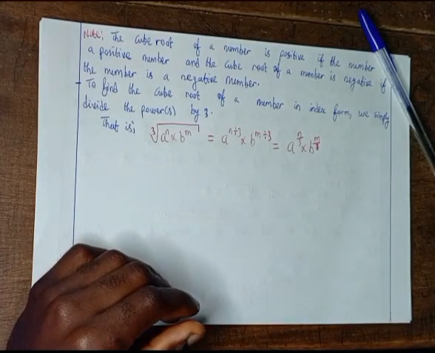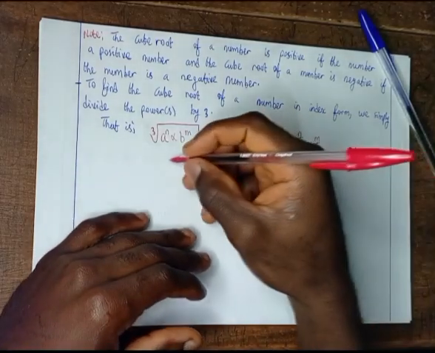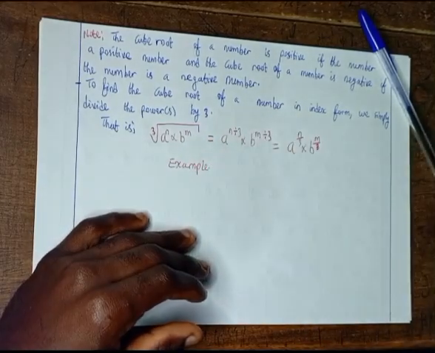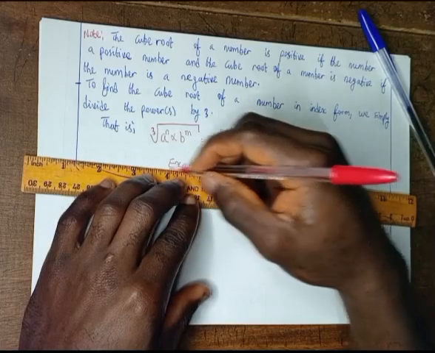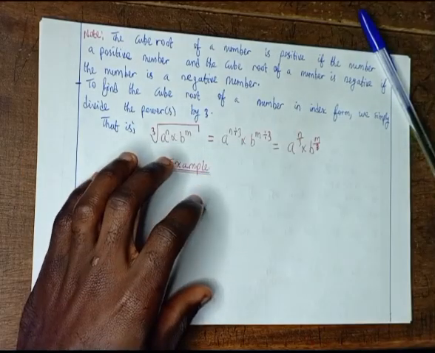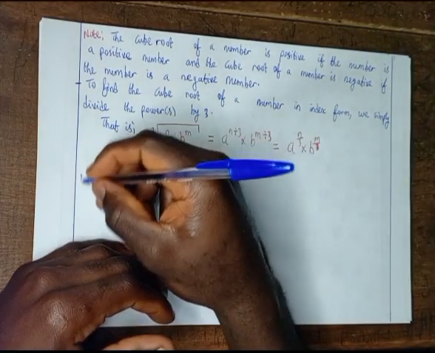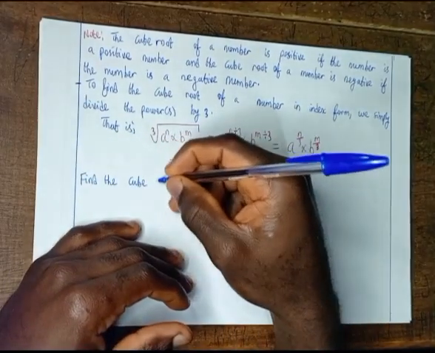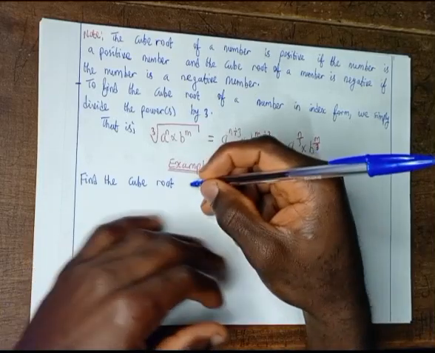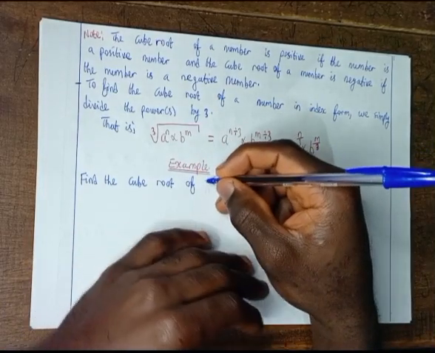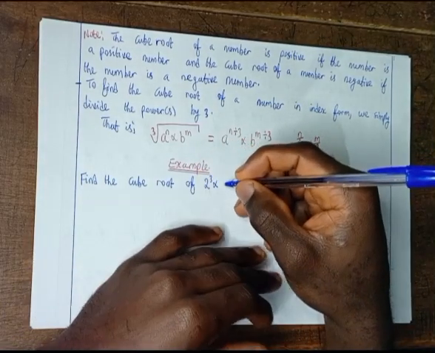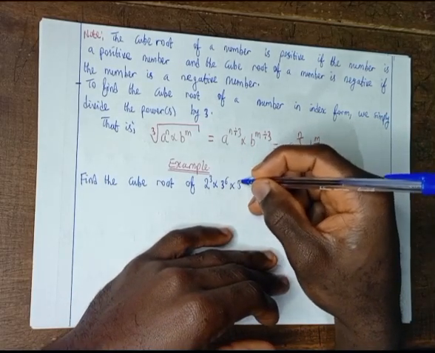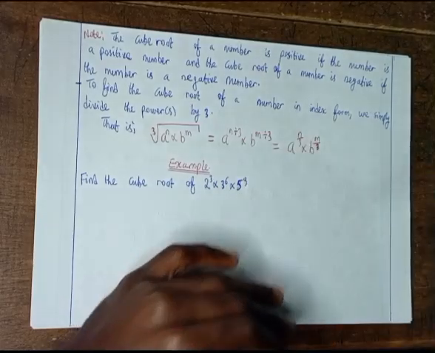Now let's take an example on this. Find the cube root of 2 raised to the power 3 times 3 raised to the power 6 times 5 raised to the power 9.